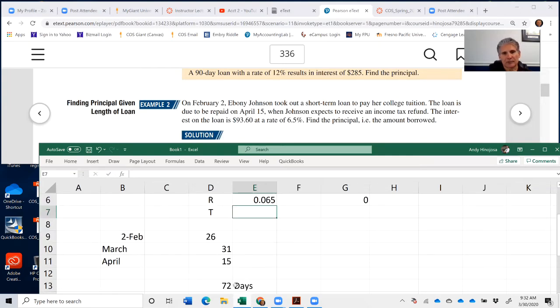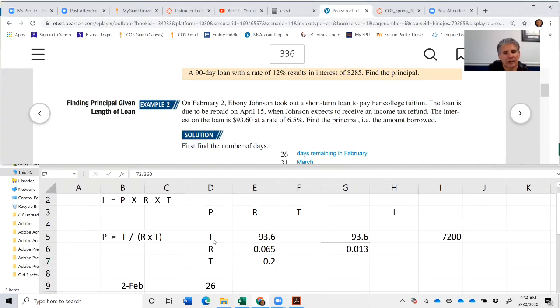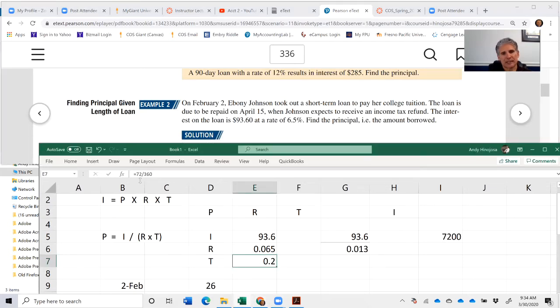There are 72 days between February 2nd and April 15th. So let's go back up. We're using ordinary, so we're going to take 72 and divide that by 360. So we have the I, 93.60, the rate, 0.065, and the T is 0.2, computed by taking 72 divided by 360.